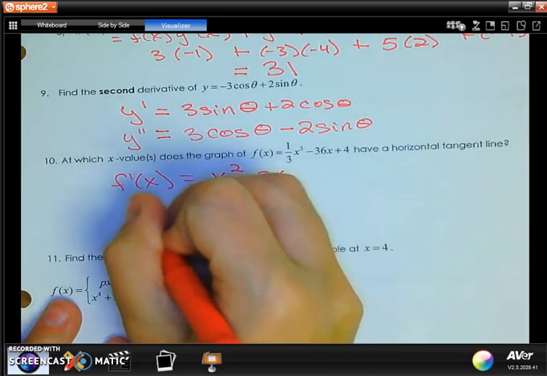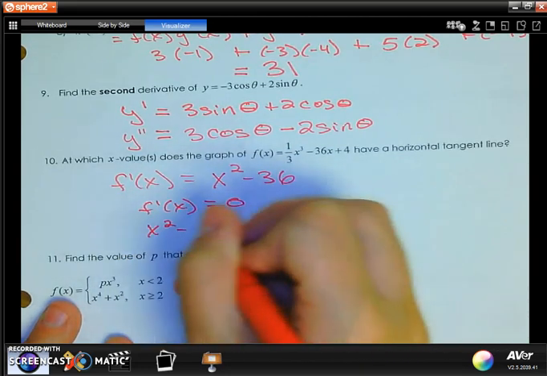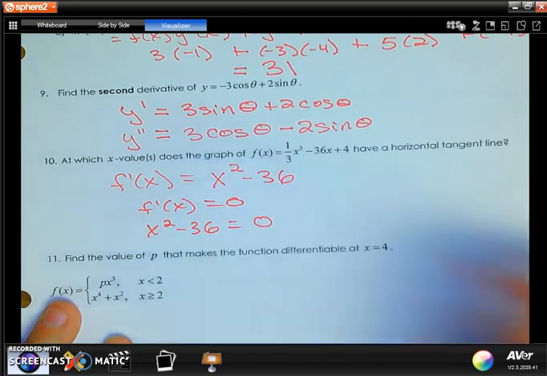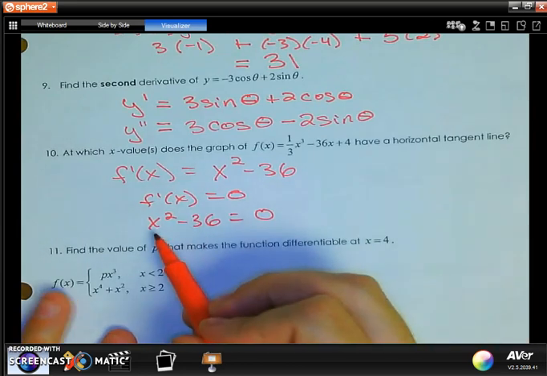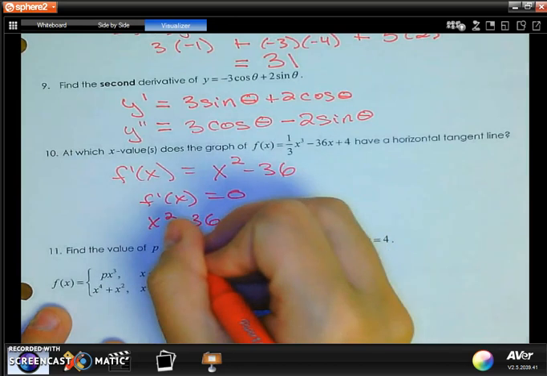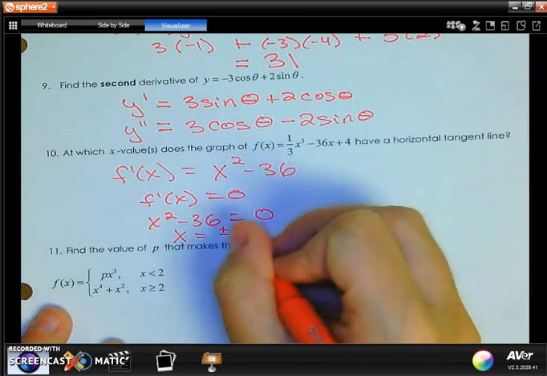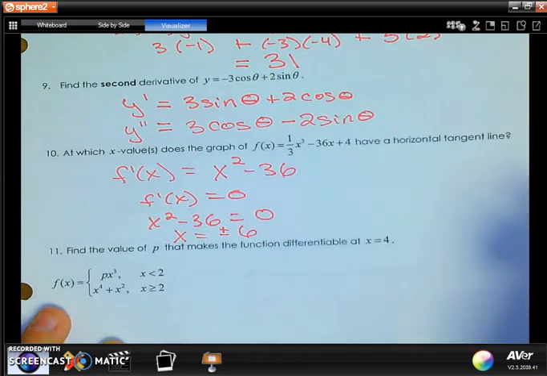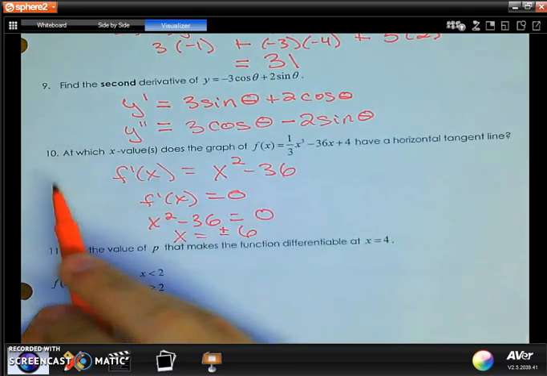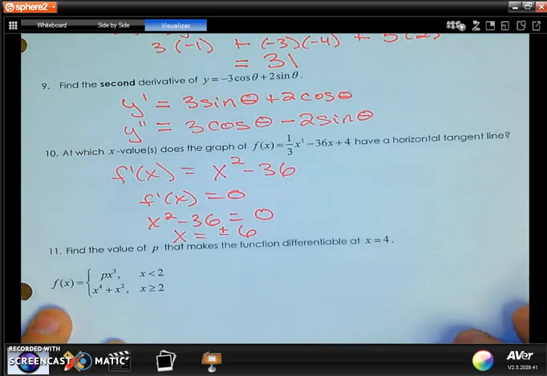And now I set it equal to 0. So that's like saying, where does this equal 0? Two ways you can go from there. You can factor this into x plus 6, x minus 6, or you could just add 36 and take the square root. Either way, you're going to get x is equal to plus or minus 6. Okay? And then I'm done because it just said at which x values. Well, when x is 6 or -6, you're good there.